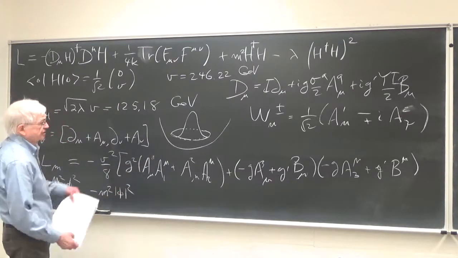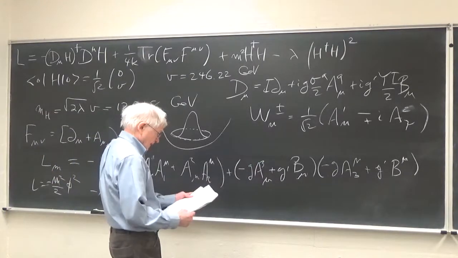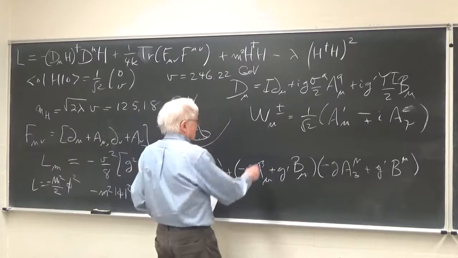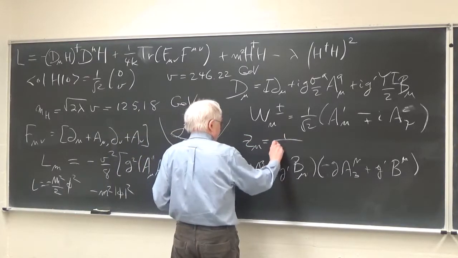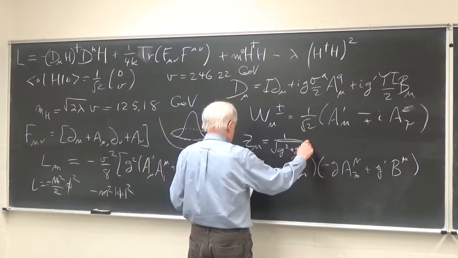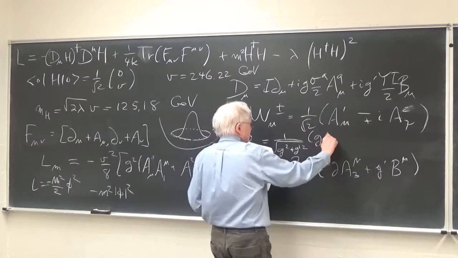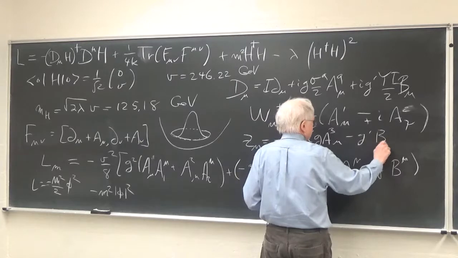And if you use that recipe, you see that the properly normalized fields are 1 over square root of g squared plus g prime squared, g a3 mu minus g prime b mu.